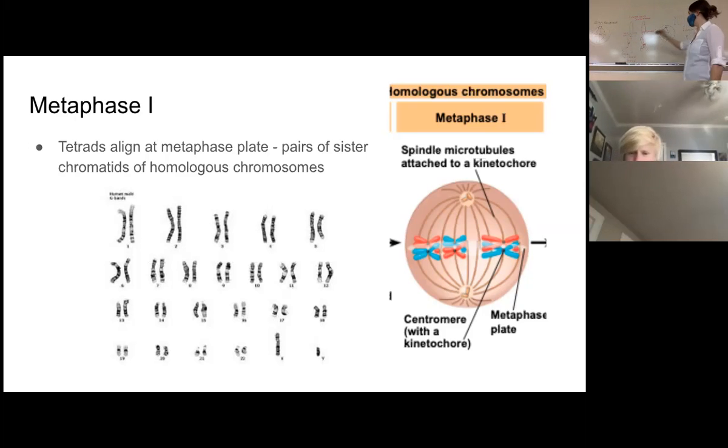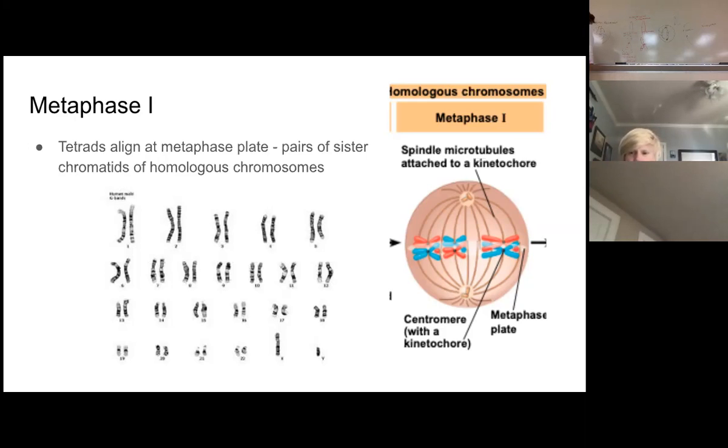So when this pulls apart, what's going to be in my top daughter cell? What colors? Blue and red. Yeah, blue and red. Down at the bottom, what's the bottom cell going to get? Purple and pink. Purple and pink. So I chose similar colors because it's easier to imagine them as homologous chromosomes to me. These, they do it by size and not by color, and it confuses me.